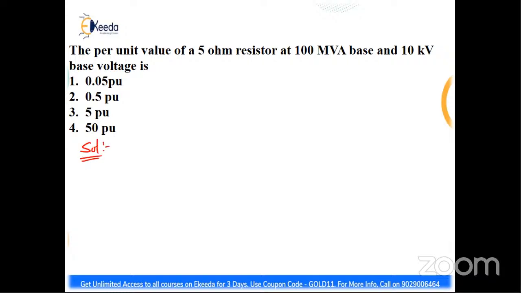So what is it telling? The per unit value of 5 ohm resistor at 100 MVA base and 10 kV base voltage. So we have to find out the new PU value, right?